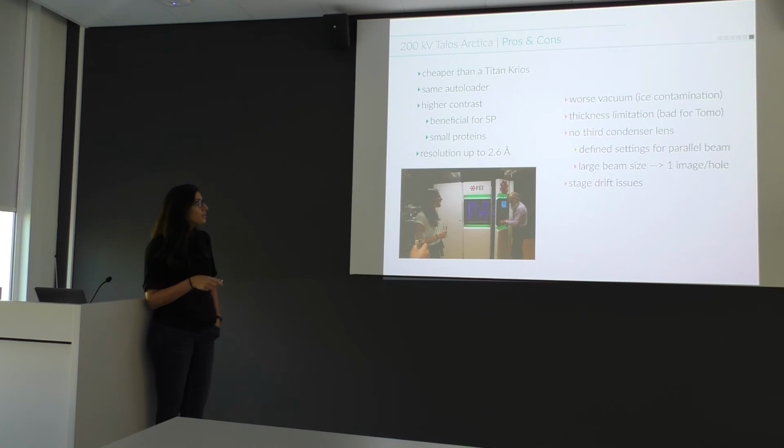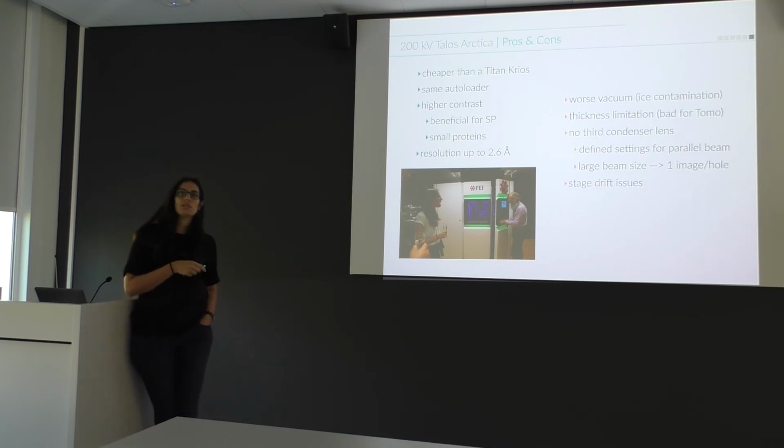And probably one of the biggest problems, not because it's 200 kV, but just the setup of the Talos Arctica, or actually all 200 kV machines out there, is that you don't have a third condenser lens.